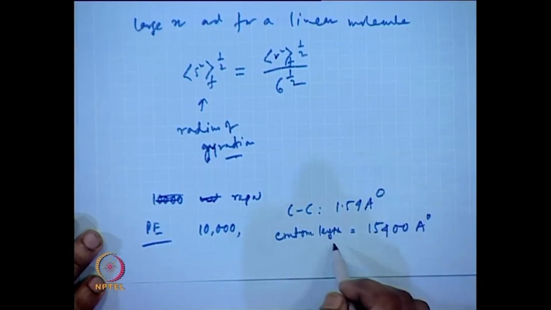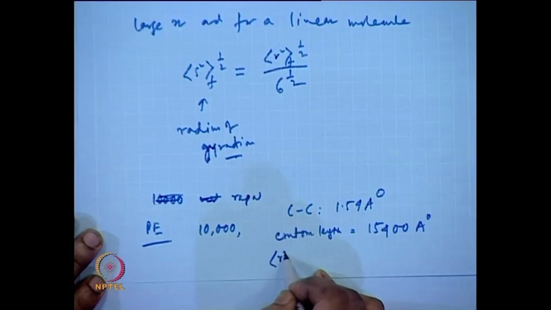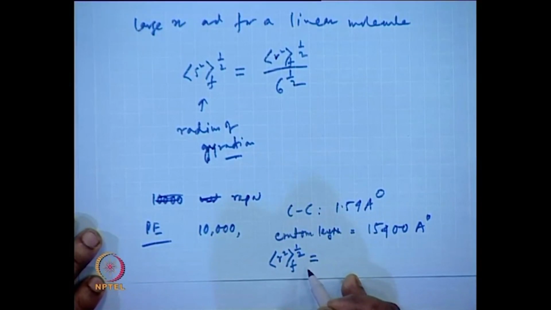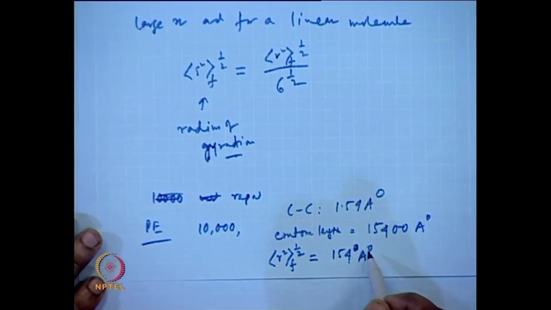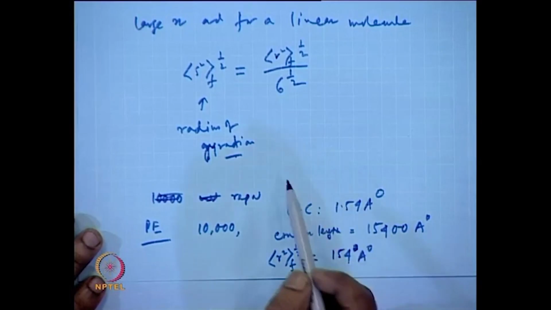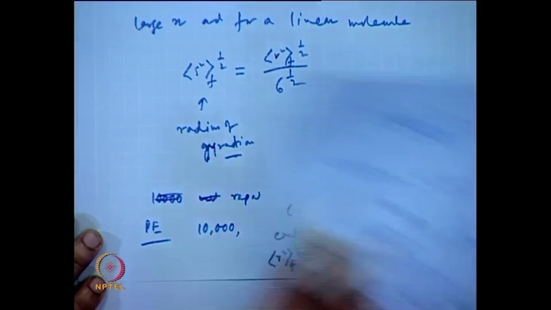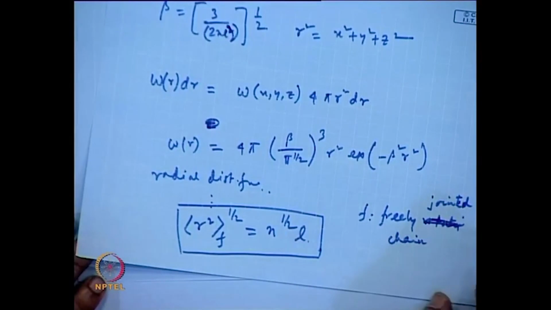So, that will be the contour length, whereas your RMS end to end distance would be 154 Armstrong, which is 100 times lower than the contour length, and that is coming from this n to the power half term.